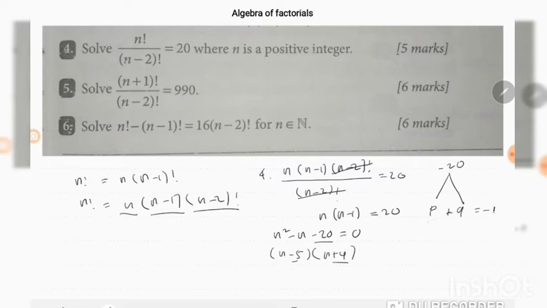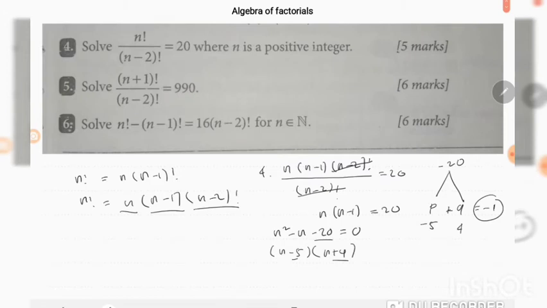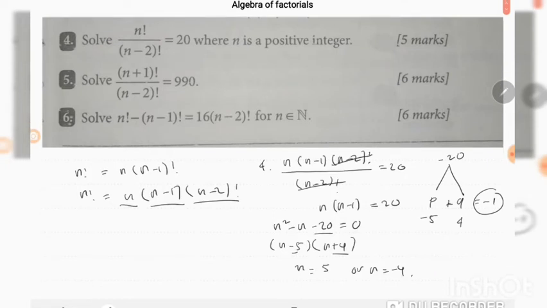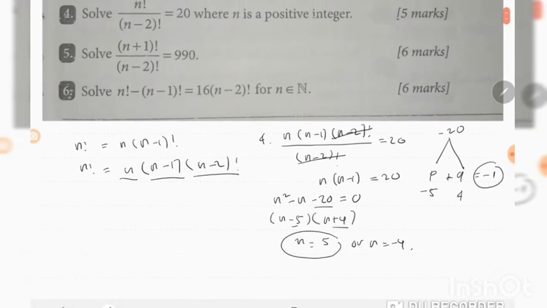Then p equals negative 5 and q equals 4. So negative 5 times 4 equals negative 20, and negative 5 plus 4 equals negative 1. So n equals 5 or n equals negative 4, but since n must be a positive integer, the correct answer is n equals 5. That's question number 4.